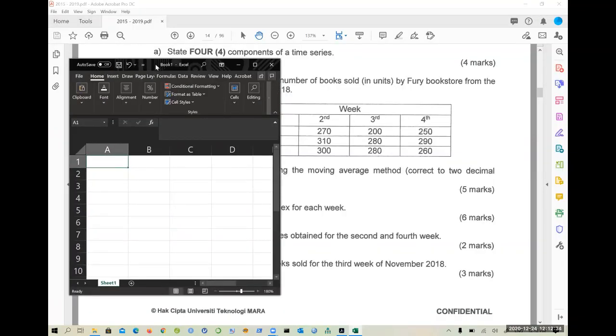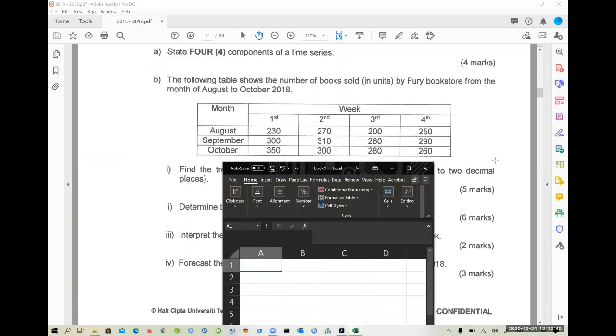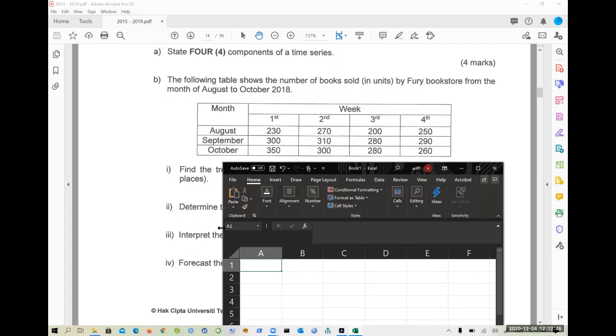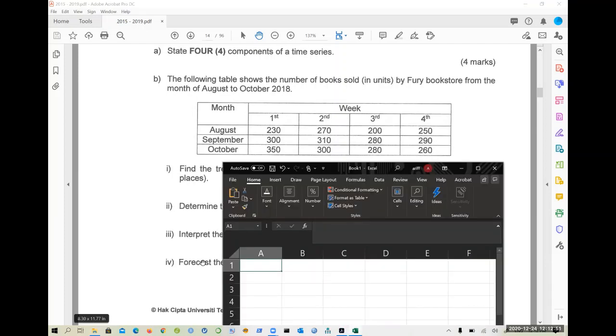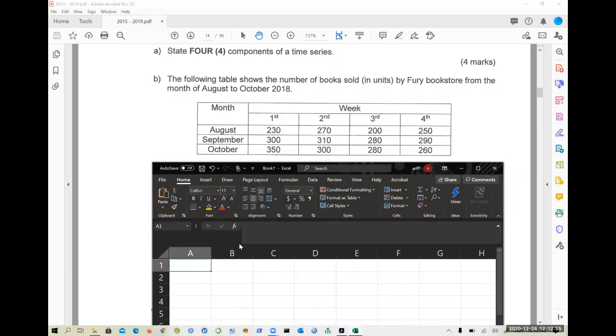Okay, let me have this one first. So actually you have this thing, right? Okay, so you have the month, week, and book sold, ataupun number of books, alright.